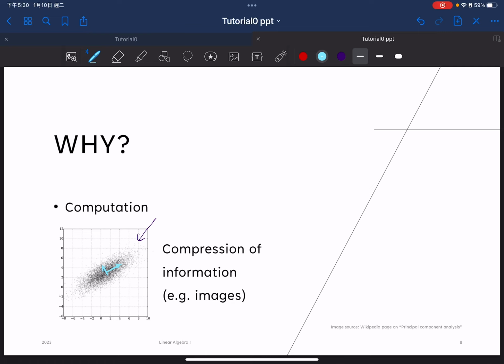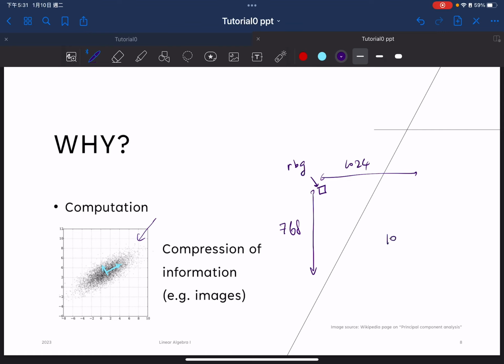Images are very big. If you think carefully, even a 1024 times, I don't know, 768, I've forgotten the real figures. If you have that image, each pixel has red, green, and blue, right?